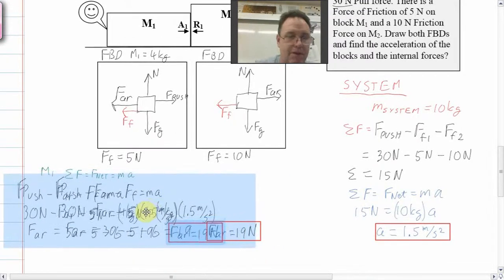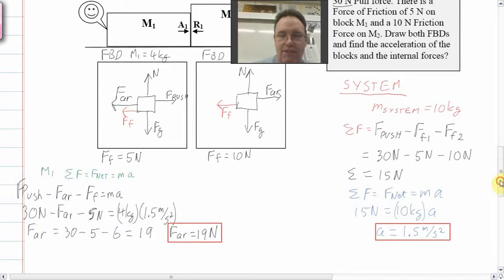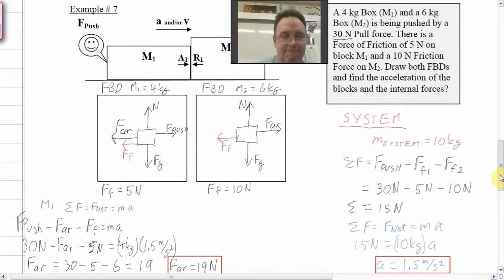It's probably not an electronic page that you're doing it on. Move it on over and get yourself some extra room. And now let's do this in green. The sum of the forces is equal to F net, which equals MA.